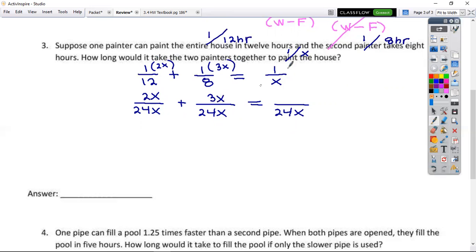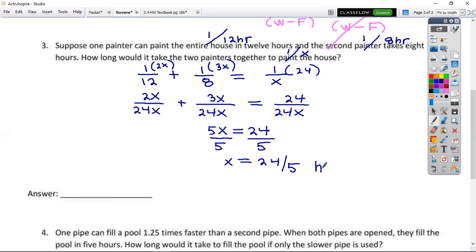And then the last one by 24. So we get a 5x equal to 24 when you remove the denominator and divide by 5. And it's fine with me if we just leave this. Sure, you guys can grab calculators. So x would be equal to 24 over 5, and that would be a rate in terms of hours.